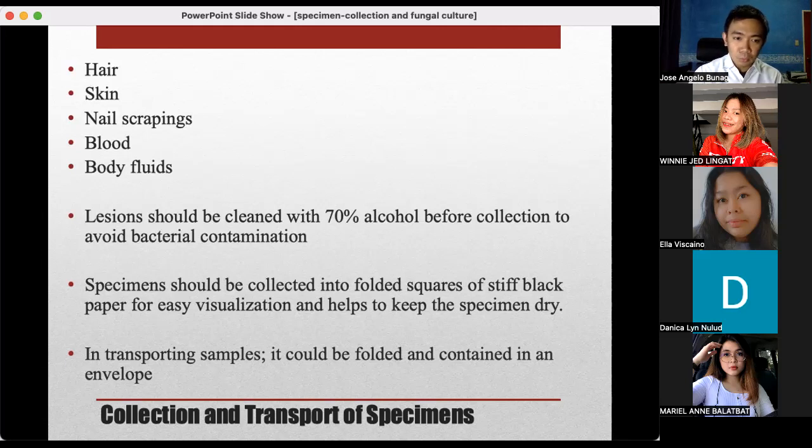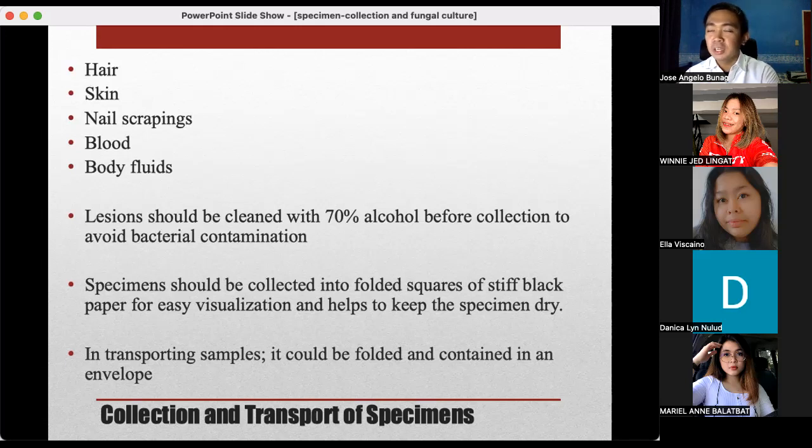Another, we have your body fluids, for instance, your respiratory specimens, the sputum, transtracheal aspirates, pleural lavage. Basically, these are the body fluids that are often submitted.